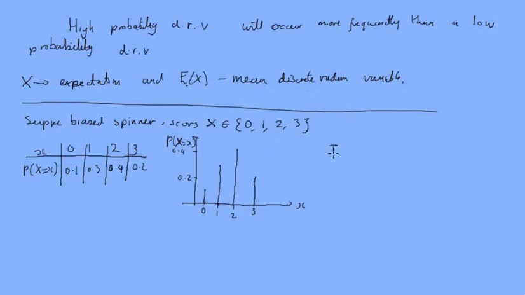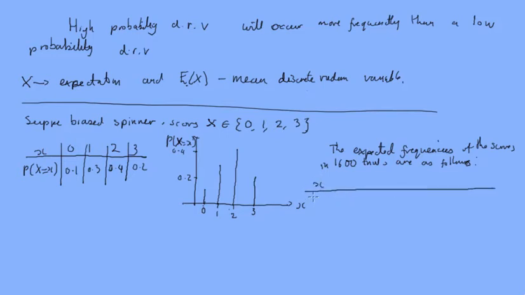Now, the expected frequencies of the scores in 1600 trials are as follows. So we have our x, and then we have the expected frequencies f.